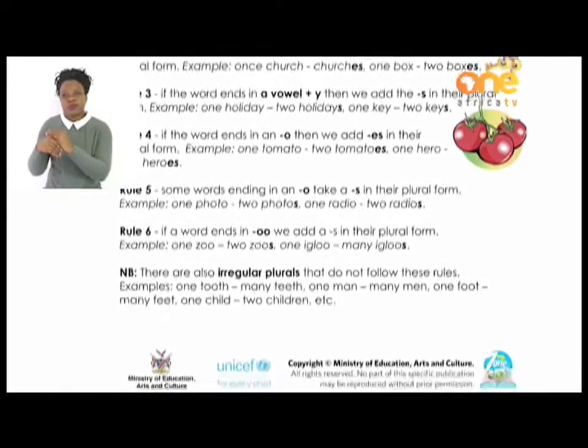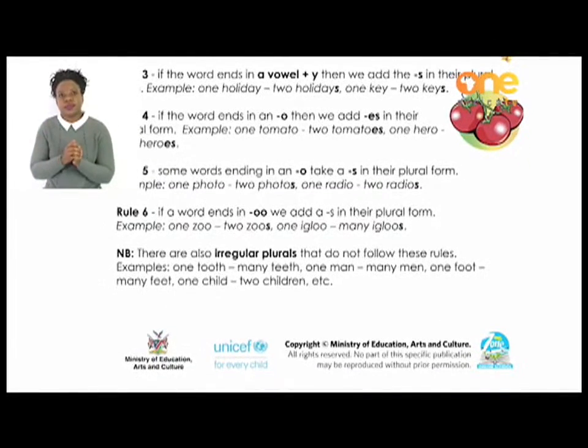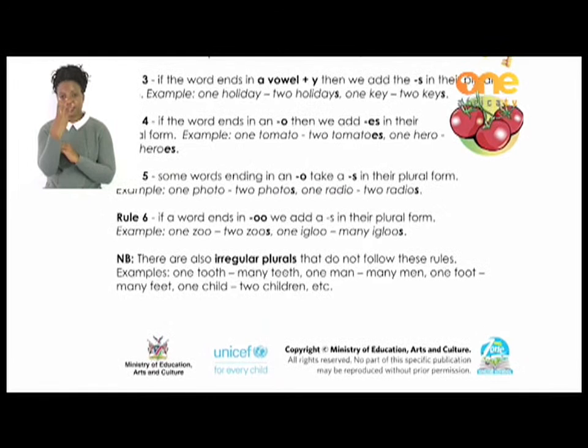Rule number 3. If the word ends in a vowel plus Y, meaning a vowel comes before a Y, then we add the S in the plural form.